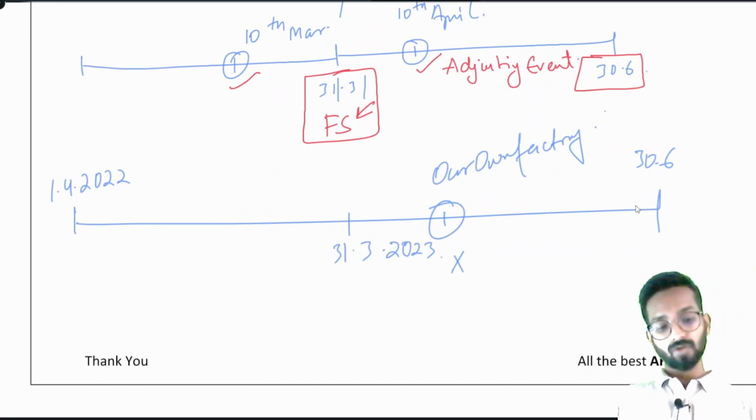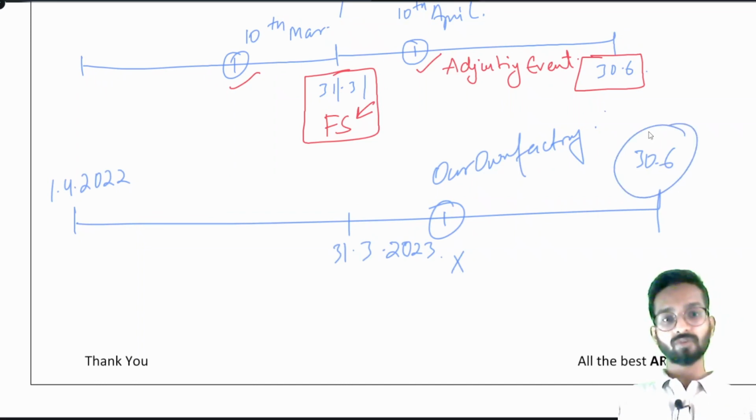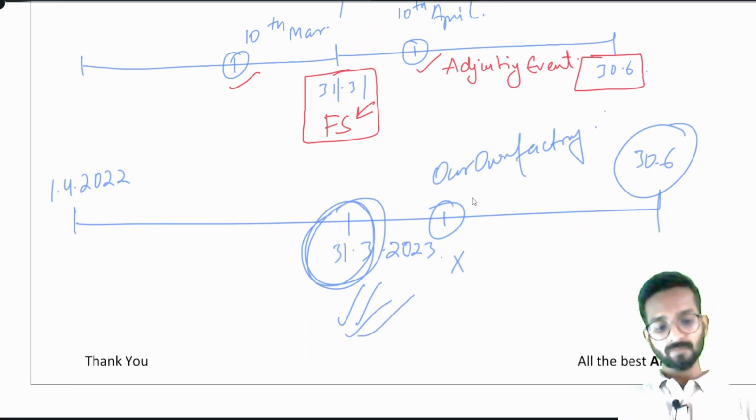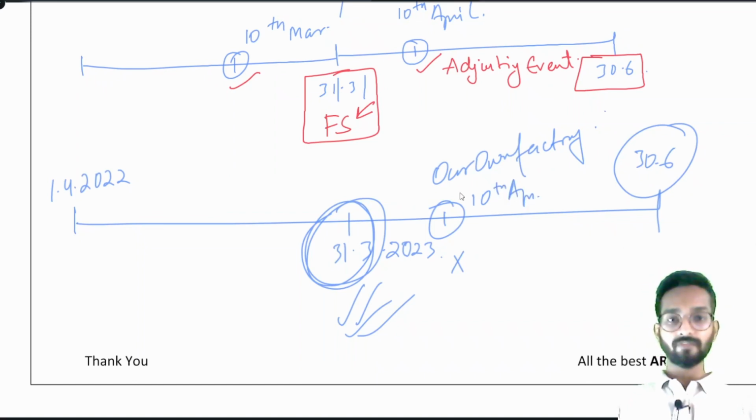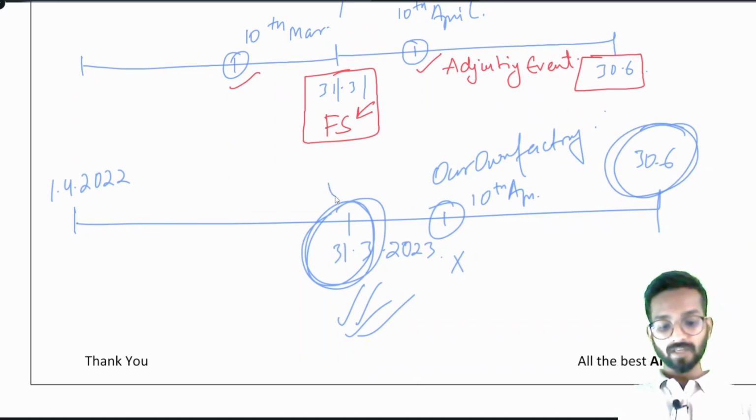Now, on 30th June, when shareholders want our financial statements to check, if I give them this financial statement as on 31st March, this is all good, revenue is also good, assets are also good, the financial position is very good. But if on 10th April there was a huge factory fire, what will I tell my shareholders on 30th June? If I give them this report, it will be false.